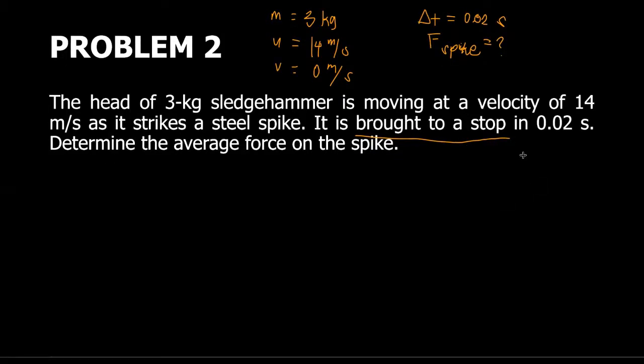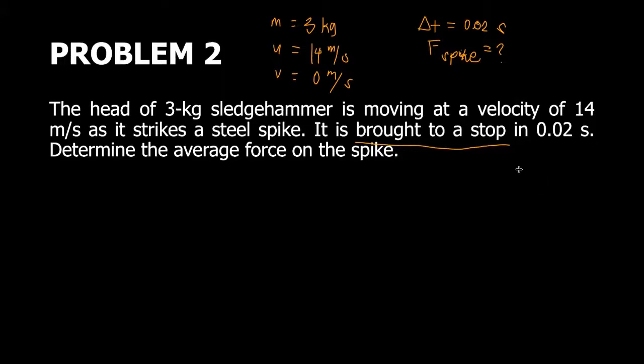So visualize muna natin ang problem. Meron tayong sledgehammer. I don't know yung tsura, pero parang ganyan. Then meron tayong like a spike dito. So, di ba? When it strikes this spike, mangyayari sa sledgehammer is magkakaroon ng change in momentum papunta sa direction na ito.